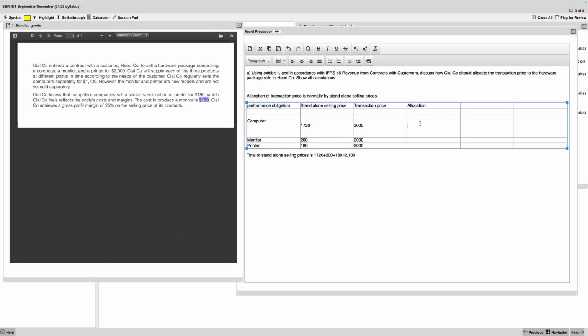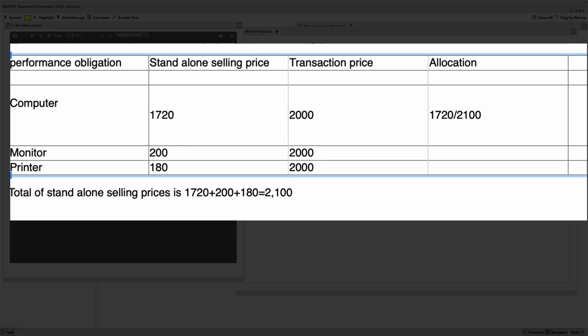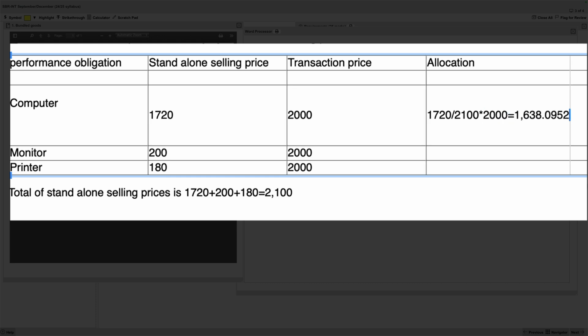Okay. So the allocation would be 1720 divided by 2100. Could do this on the spreadsheet, by the way, but I'm just showing the examiner my workings. Times by the transaction price, I want to give it 1720 out of the 2100ths of the transaction price. Done. I'm going to do the same for the next one. I'm going to give that 200 out of the 2100.